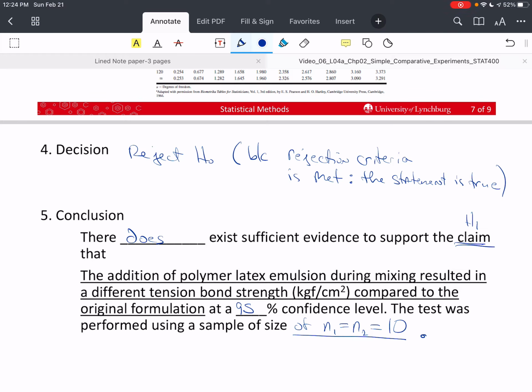Okay? Now, I didn't say that it was a simple random sample because this really wasn't randomly selected. We performed 10 trials, and they were in order, and we used them. But it is a sample, but not a random sample. You can think of it as a random sample because this is a small sample using that emulsion, and of the population if they decide to do this, and where they use the original formulation, those 10 would be a very small sample of the whole population as well.